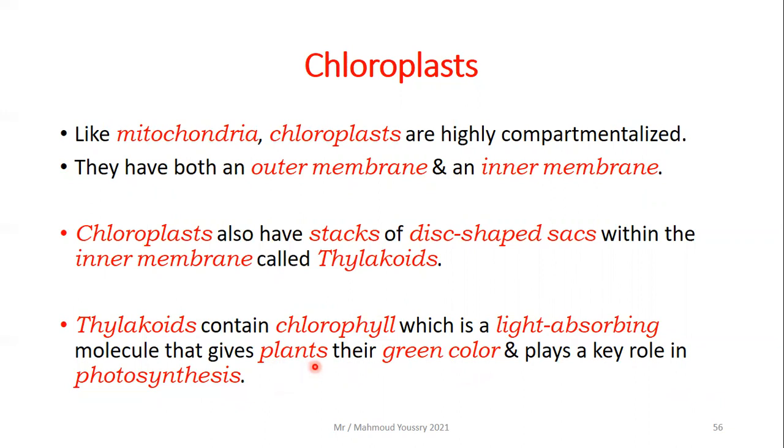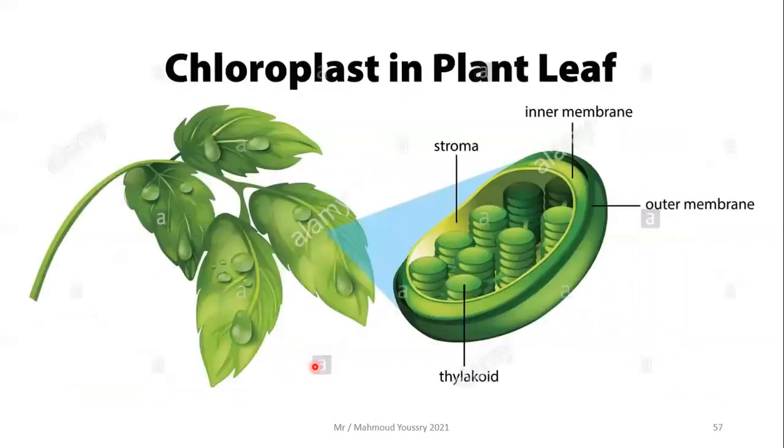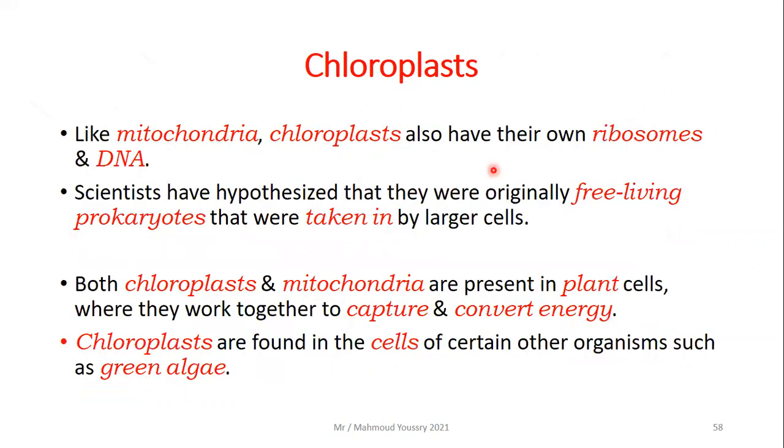This is what absorbs the energy from sunlight. These are the thylakoids, the disc-shaped stacks inside the inner membrane, and this is the outer membrane of the chloroplast. Like mitochondria, chloroplasts also have their own ribosomes and DNA.